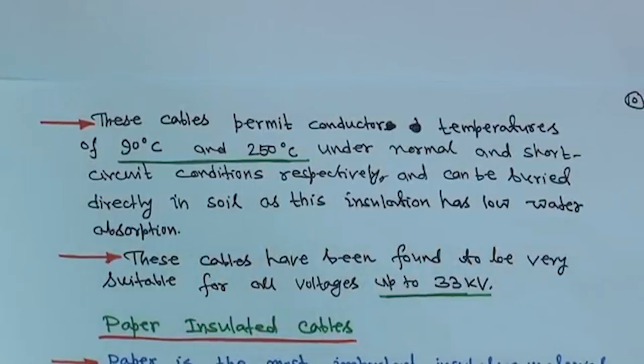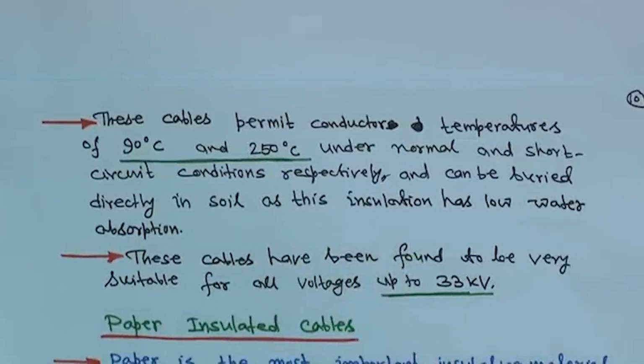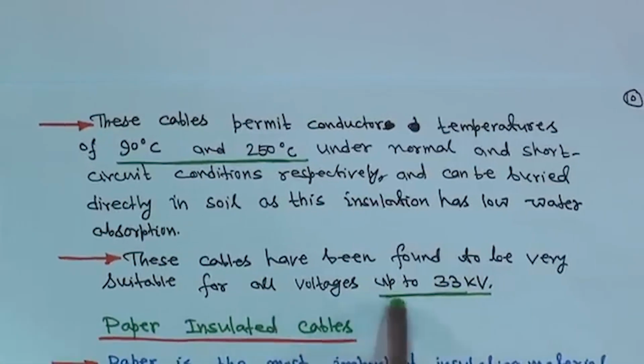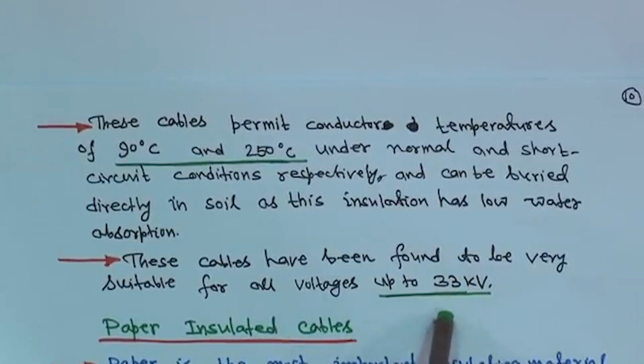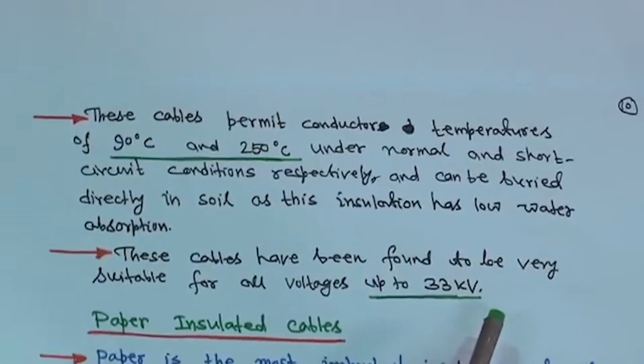That means you can directly lay them in the soil; you might have seen how cable laying is done. These cables have been found to be very suitable for all voltages up to 33 kV. So, thank you very much, again we will be back.